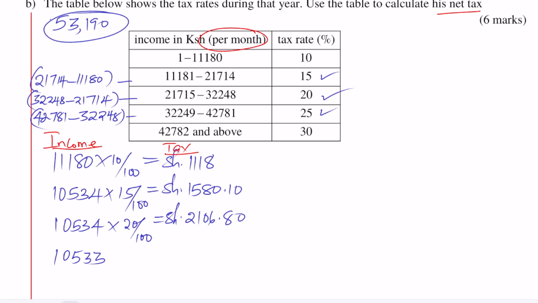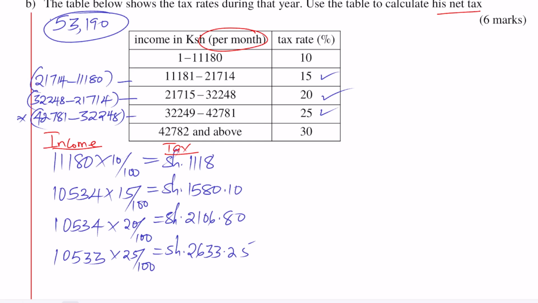That is the amount you get when you subtract. 10,533 times 25% gives the tax of 2,633 and 25 cents.